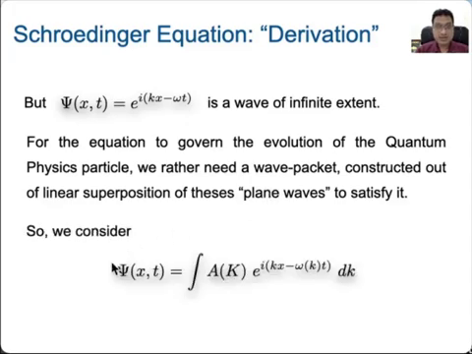So let's consider a wave function in this following form. You have seen in the case of Fourier series that if you have an infinite number of waves, the summation can be represented as an integral, where this is the amplitude of your wave packet and these are the constituent waves of the wave packet. So this is a wave function corresponding to a wave packet.